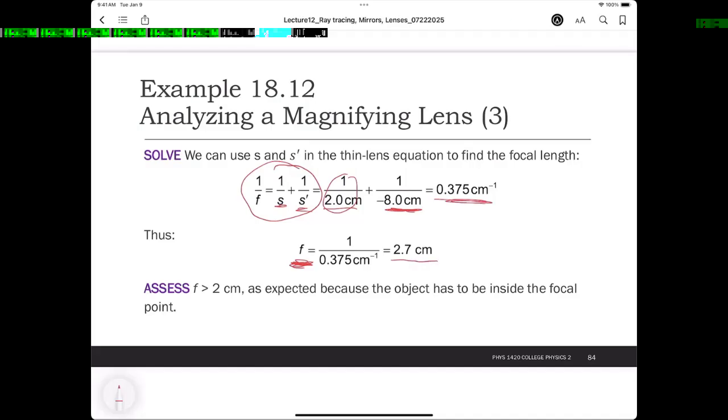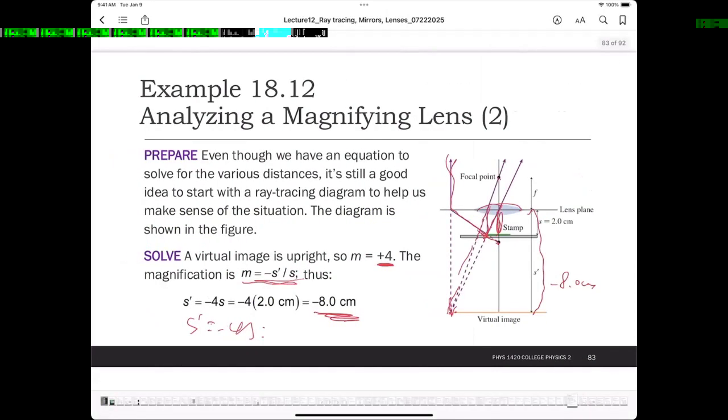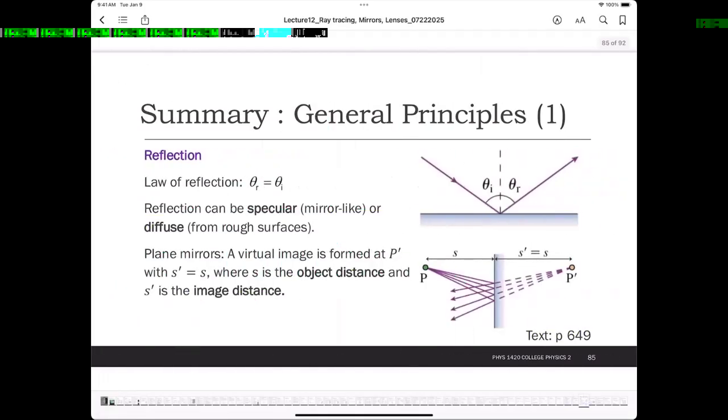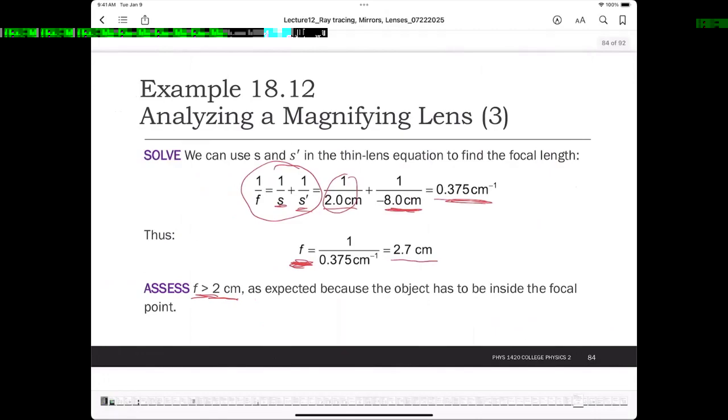It is 2.7 centimeters, which means f is greater than 2 centimeters. So our result makes sense, as expected, because the object has to be inside the focal point.